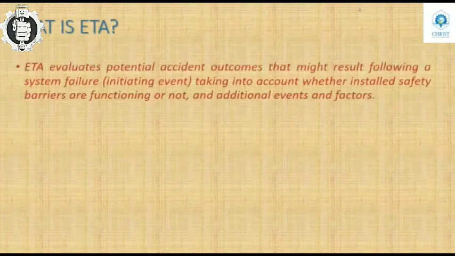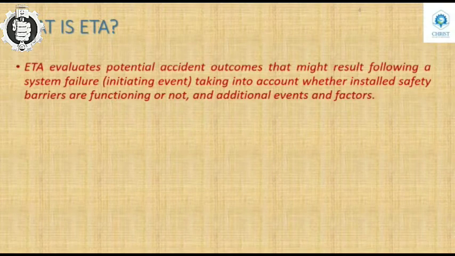So what is ETA? ETA evaluates potential accident outcomes that might result following a system failure, that is, the initiating event, taking into account whether installed safety barriers are functioning or not, and additional events and factors. So ETA depends on these barriers, such as sprinklers, and whether these installed safety barriers are functioning or not.